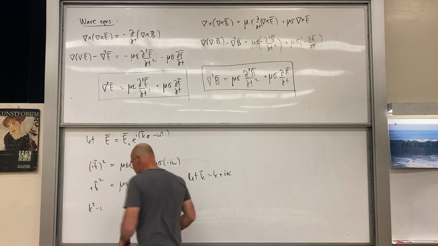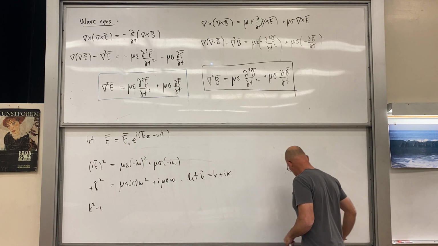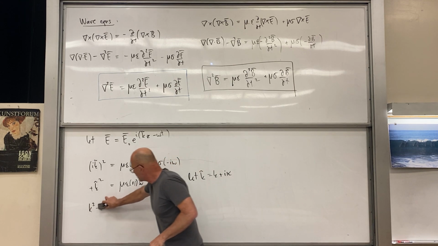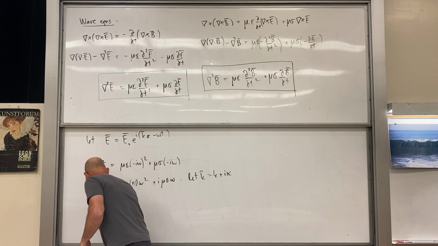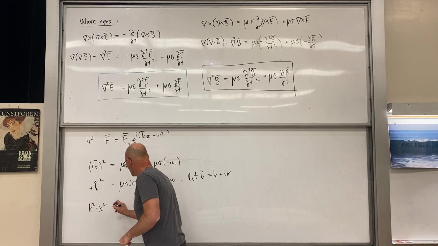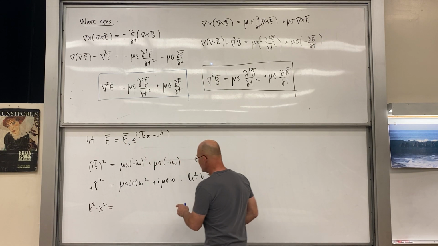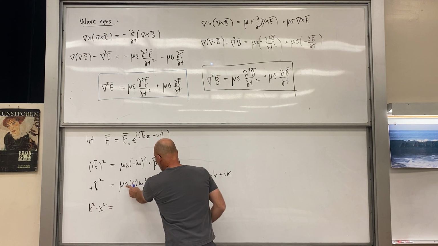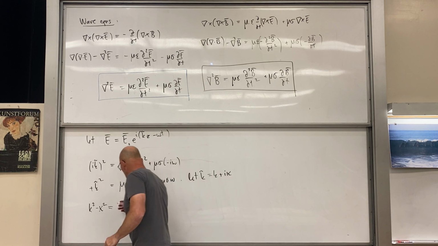So k squared minus kappa squared is going to be mu epsilon omega squared.